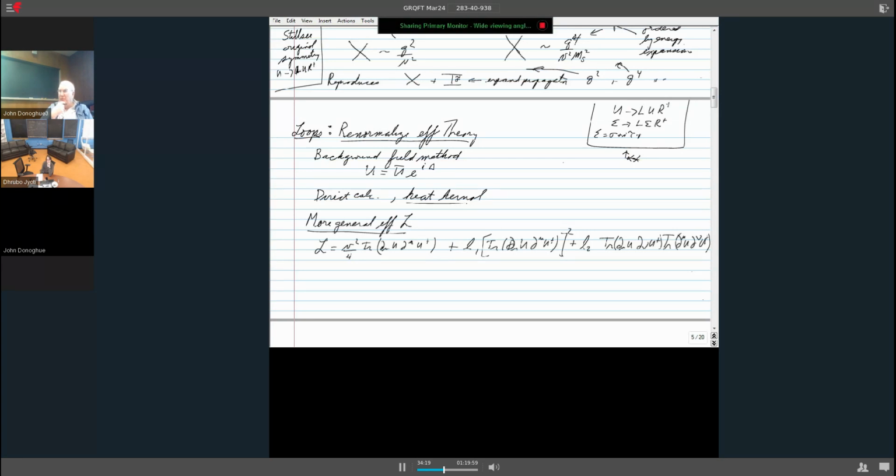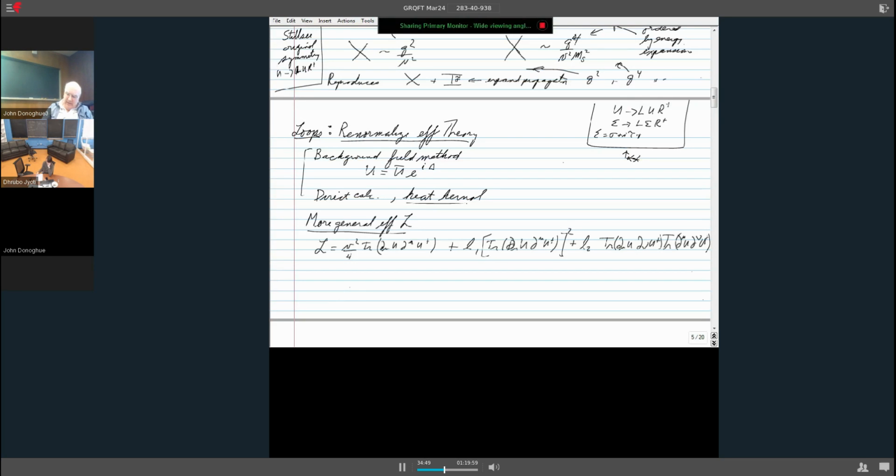So there's another one I could write out. It's trace d mu U d nu U dagger, trace d mu U d nu U dagger. So for the first one, the indices are the same inside the trace. The second one is mu and nu repeated.